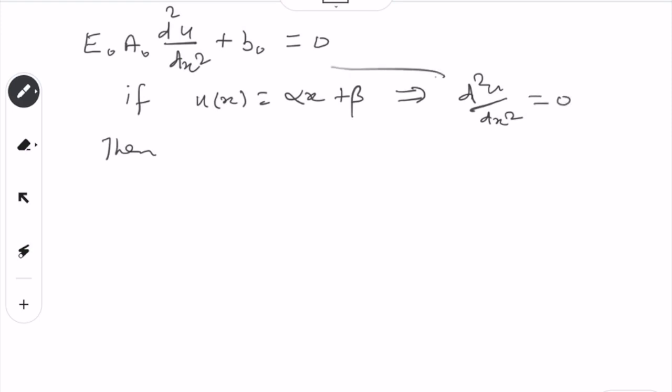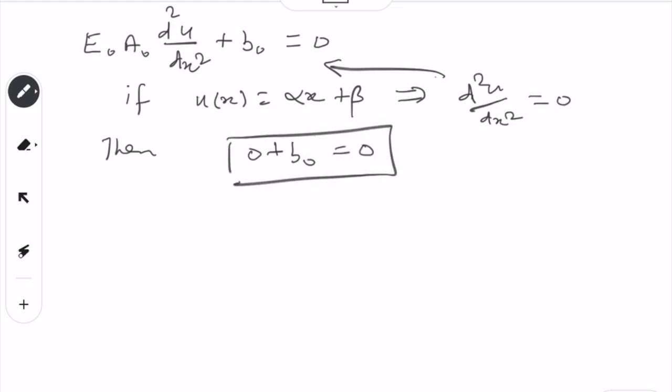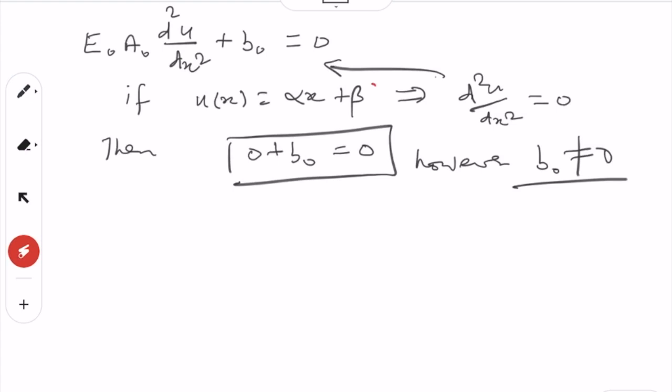If you put this here, you get 0 plus B naught equal to 0, a funny equation. However, you know that B naught is not equal to 0. So it is a very strange situation, because the equation really tells you that this kind of solution is not admissible.